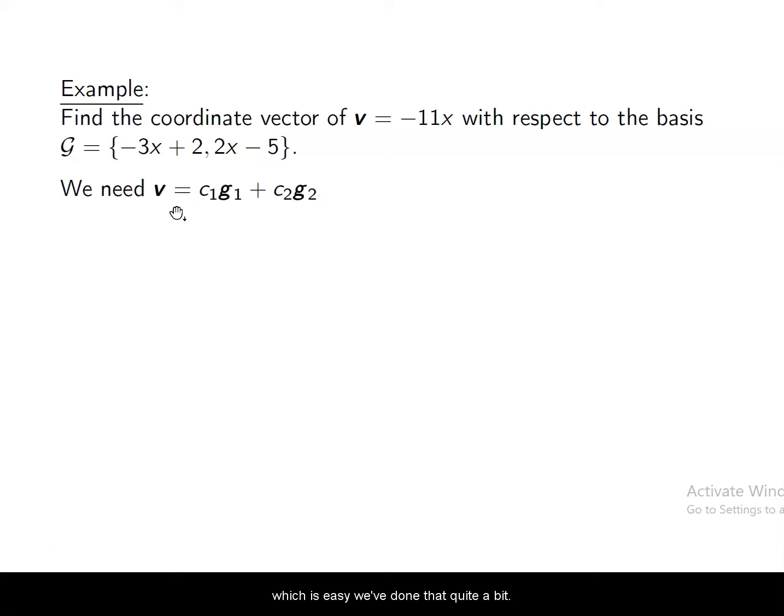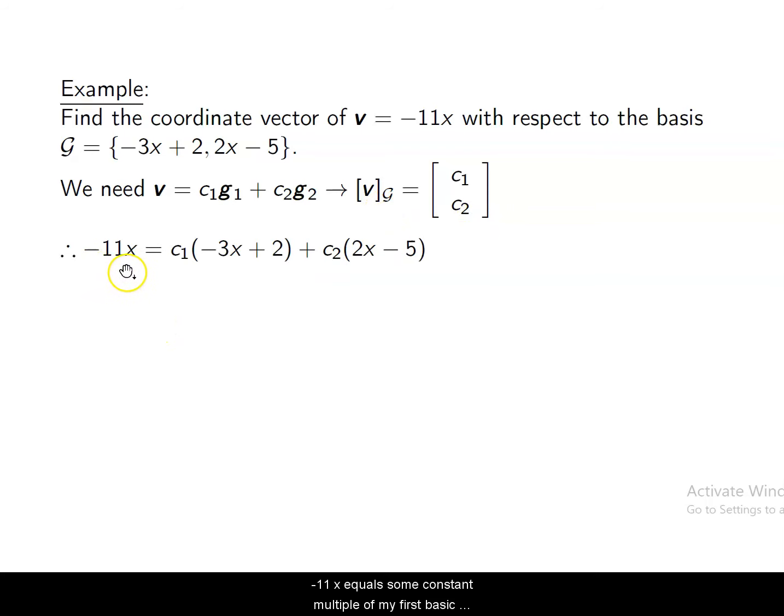We've done that quite a bit. I need to find c1 and c2 so that when I add them together, I get negative 11x. So I set up my equation: negative 11x equals some constant multiple of my first basis vector plus some other scalar multiple of my second basis vector, and I just solve.